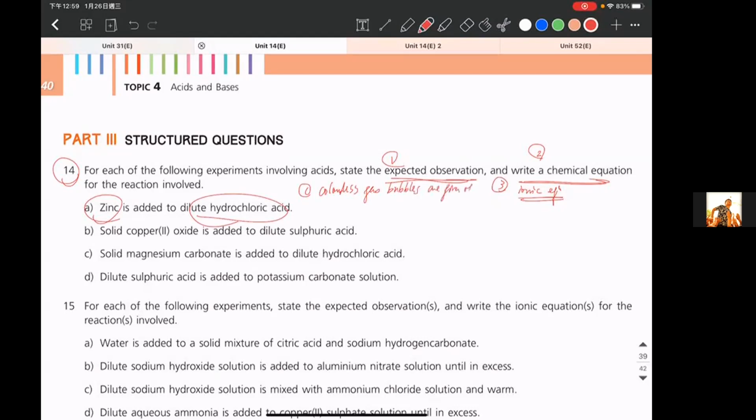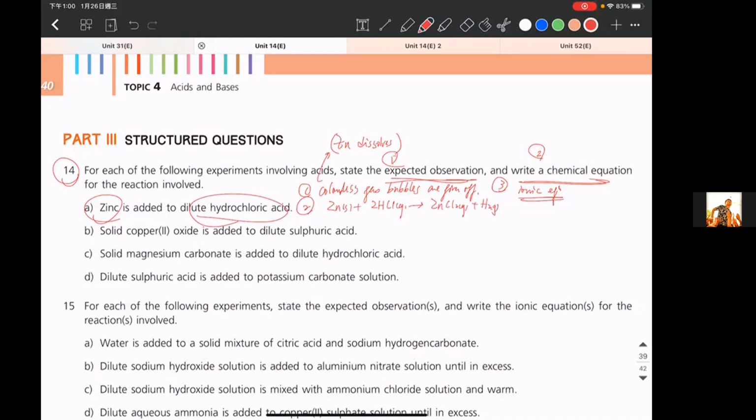Number 2. What is the full equation? Of course, you may also say zinc dissolves. That is also okay. How about the equation? Zinc reacts with HCl to form zinc chloride and hydrogen gas.